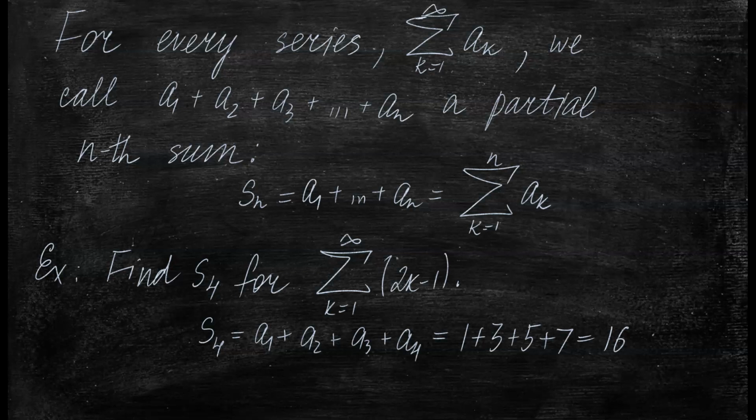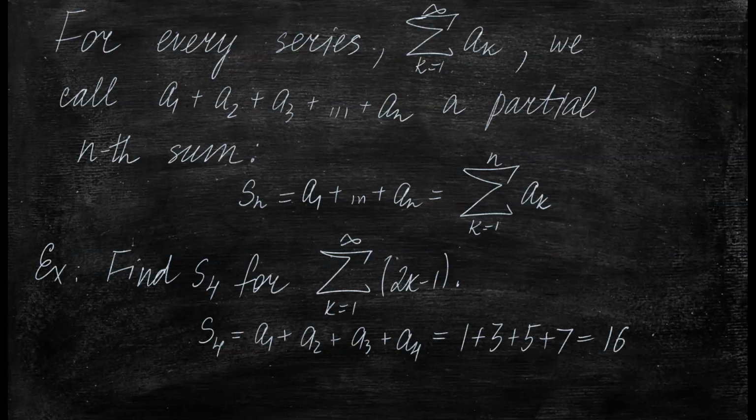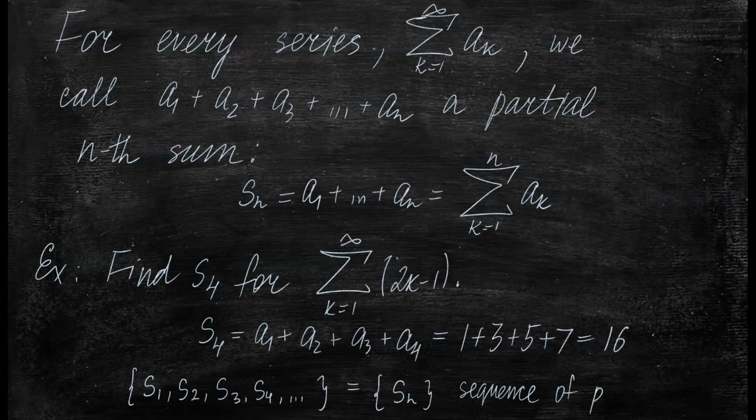Now if we take all partial sums and put them all together in the ordered list, then we're going to obtain what's called a sequence of partial sums.